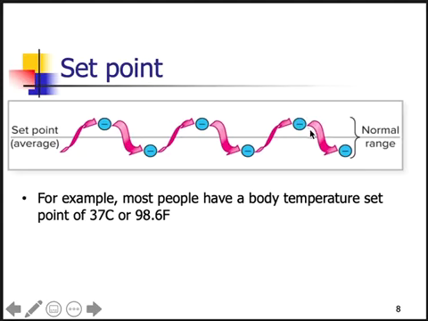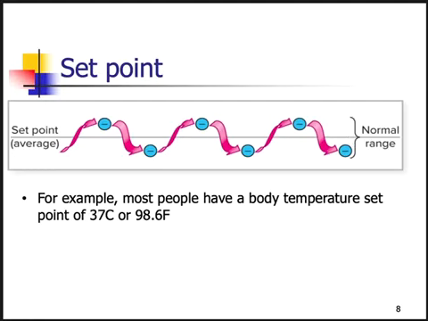I mean, it's receiving the information constantly, but once it receives information that it's gone a couple decimal points above the set point, then it's going to respond, oh, okay, now perhaps we're getting too hot, or if you were below, getting too cold. So we'll talk about that. But this is the allowed or normal range that the body temperature is allowed to go above or below the set point.